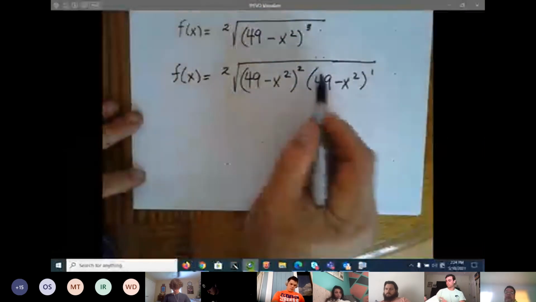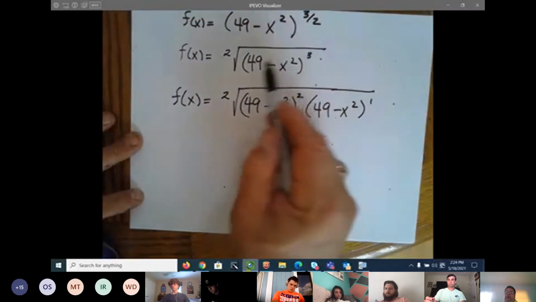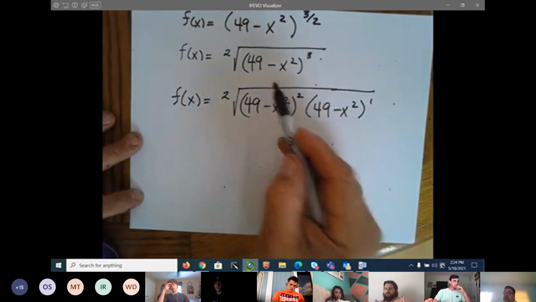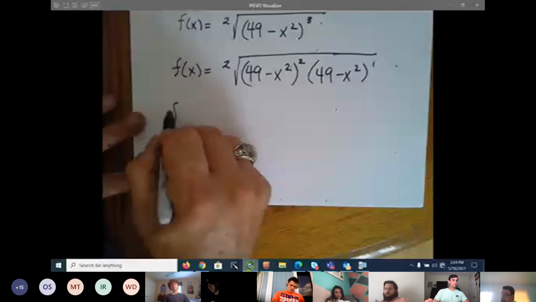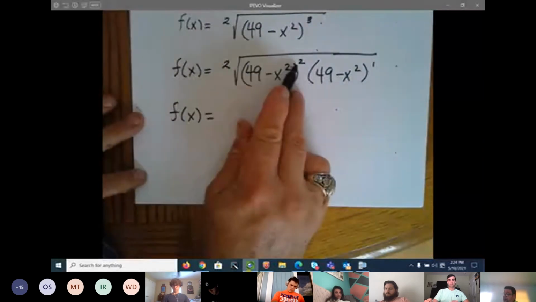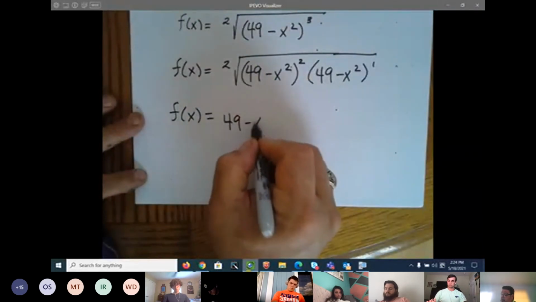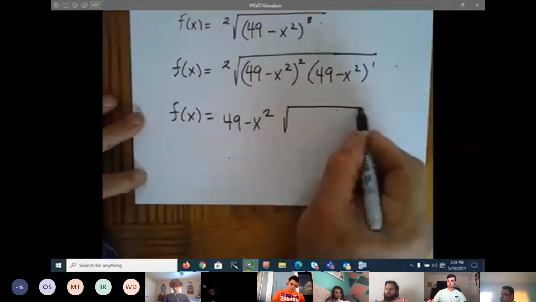These 2 parts right here are nothing but review from other sections. You don't technically have to do this, but I'm doing it to give you some more review. f of x is equal to the square root of this, which is just this. So this comes out of the radical, and this stays in the radical.